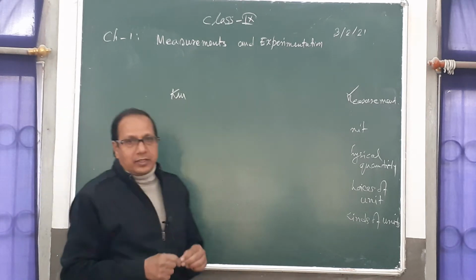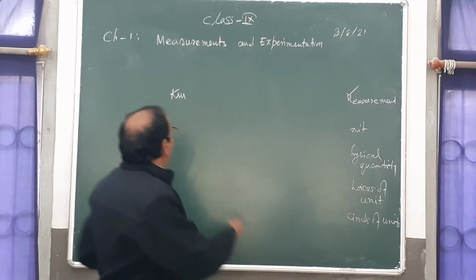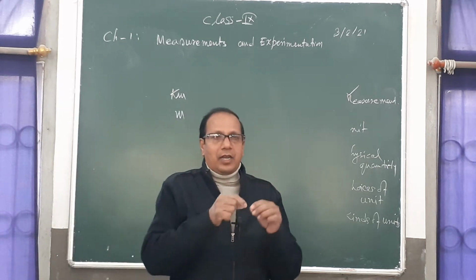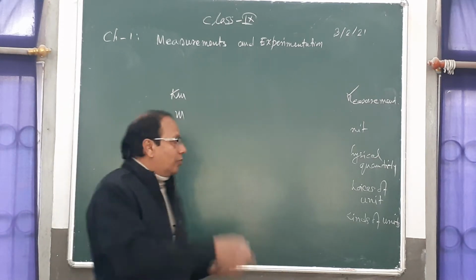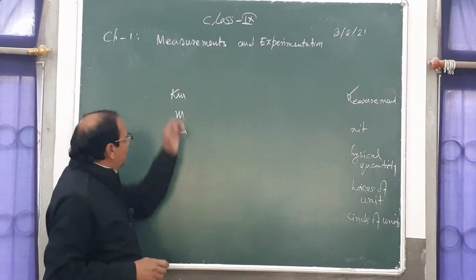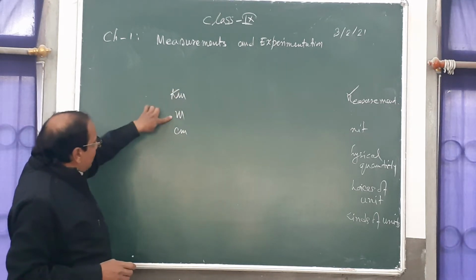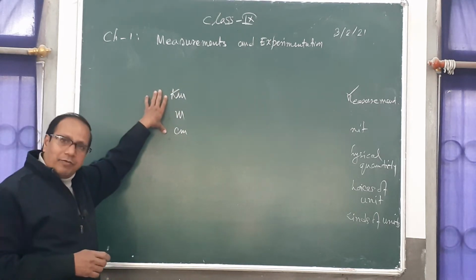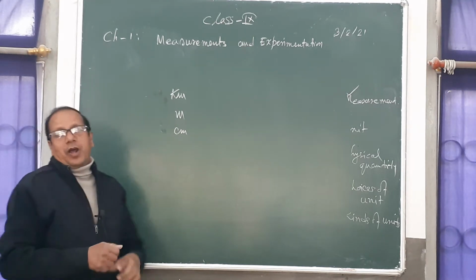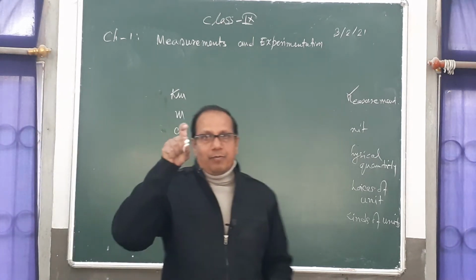If you want to measure the length of the room, we have to go for meter. If you want to measure the length of the physics textbook, the unit is centimeter. Kilometer, meter, centimeter are all units of length. Then we have to choose which is perfect for a particular measurement.